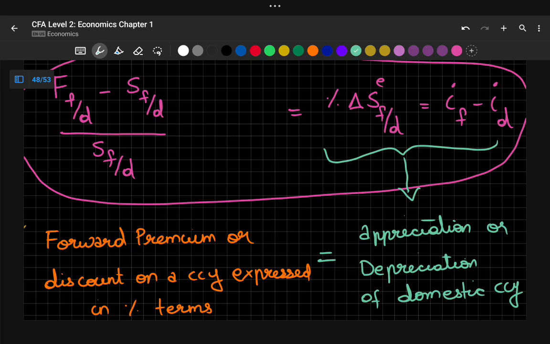So this is from the uncovered interest rate parity condition and this is from the covered interest parity condition.